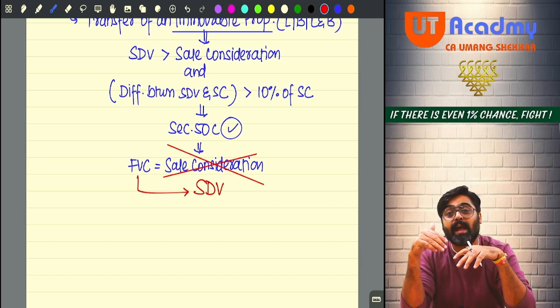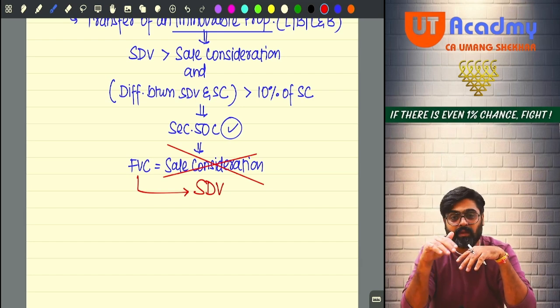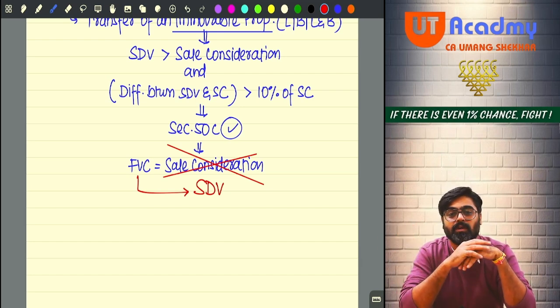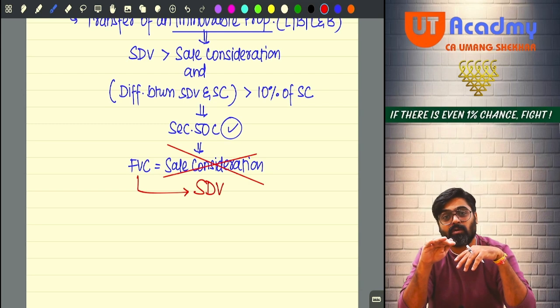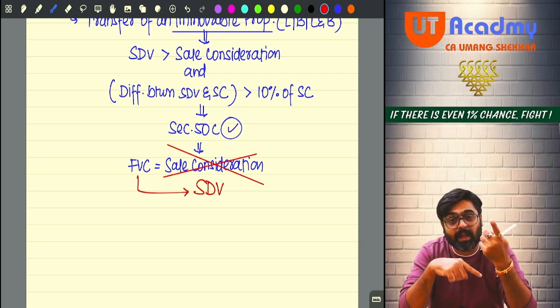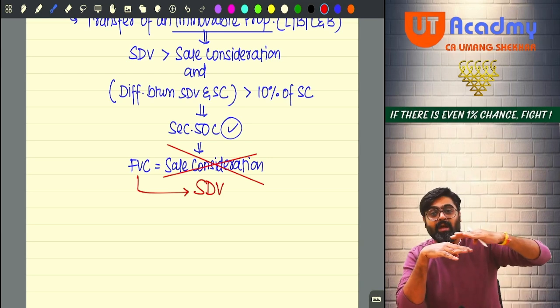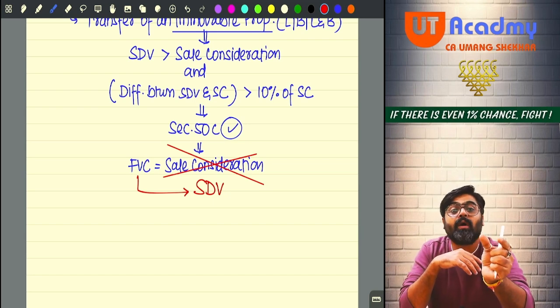So what do these stamp duty authority guys do? They don't blindly accept your sale value in the sale agreement. They also get the valuation of your property done. So according to them also, there is some minimum value of your property.